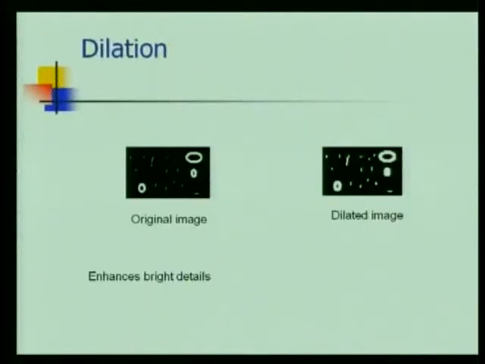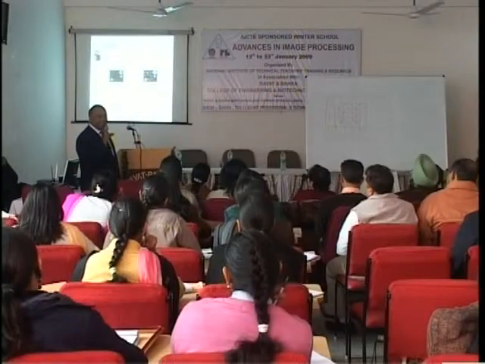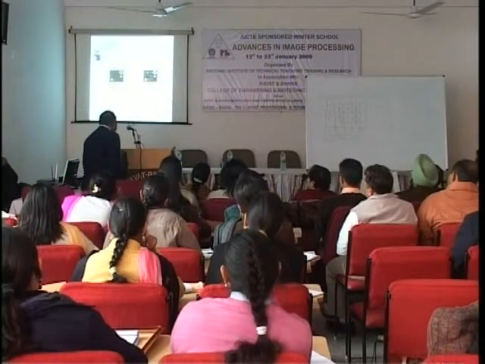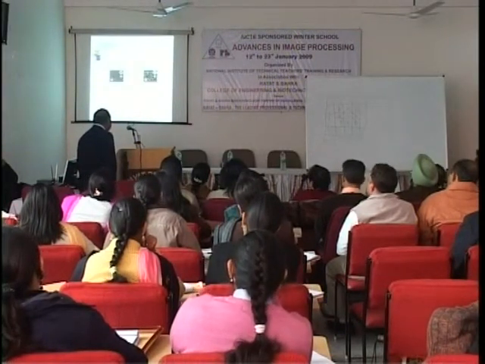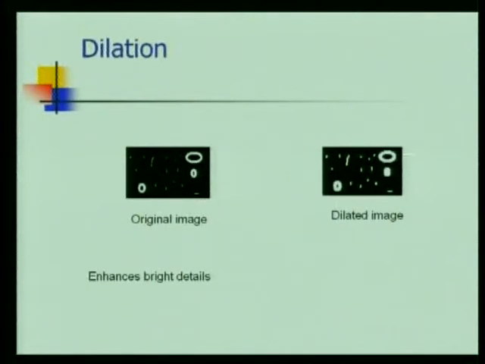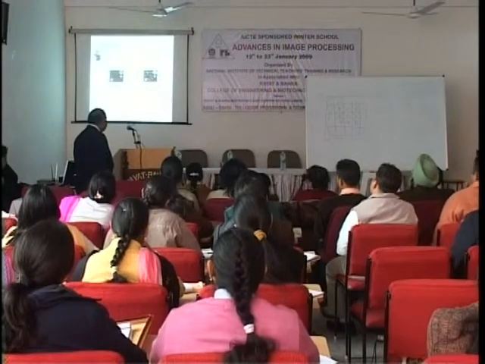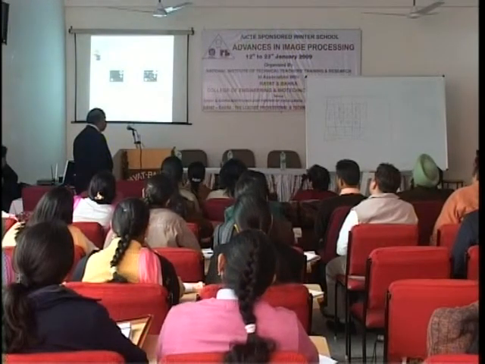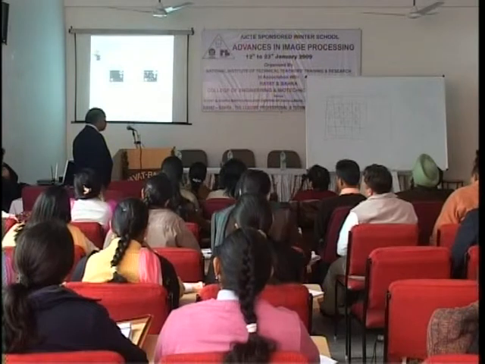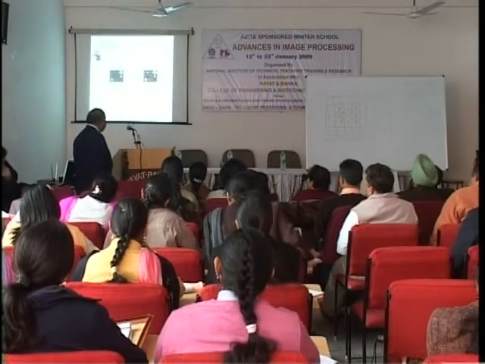So in dilation you will see the original image, dilated image, the black area will reduce, white area will increase. Inside the circle, this black area has reduced. So as a signal processing person, I must know that this is the white area.